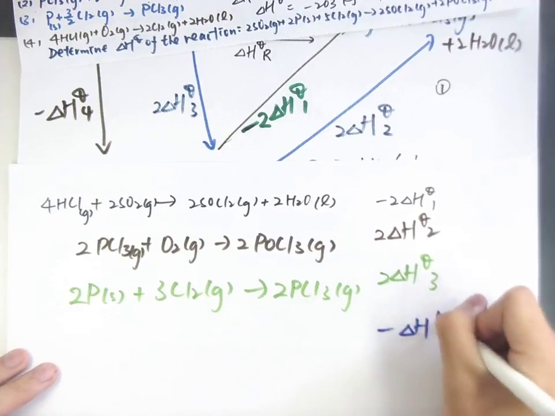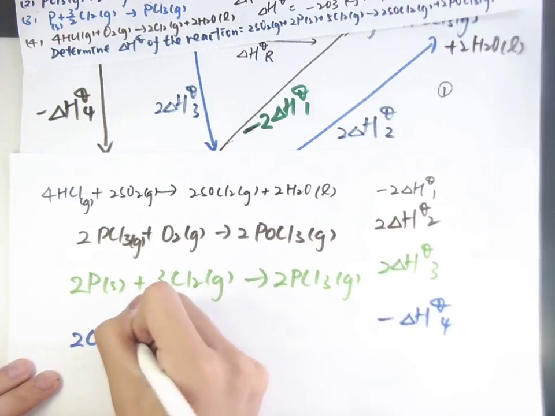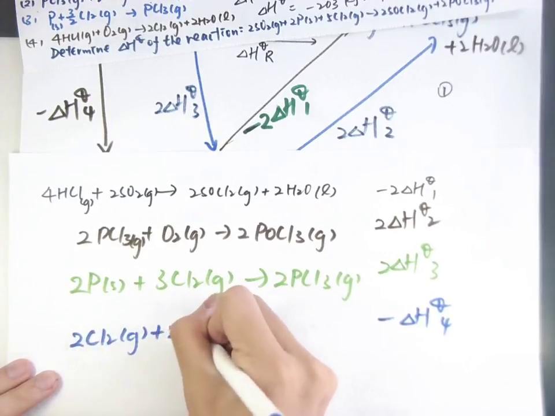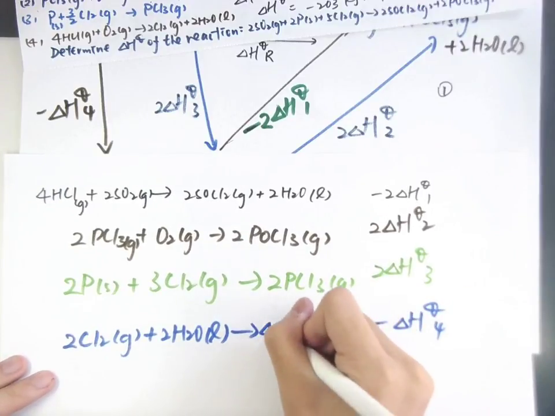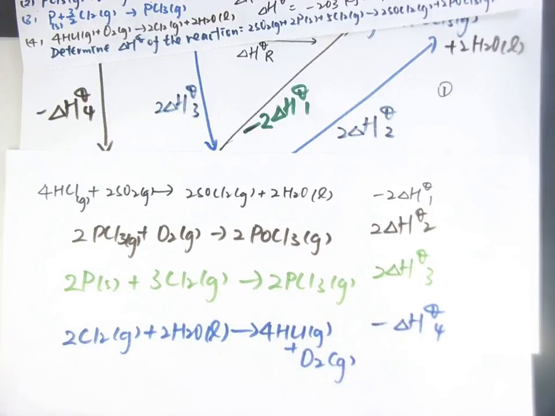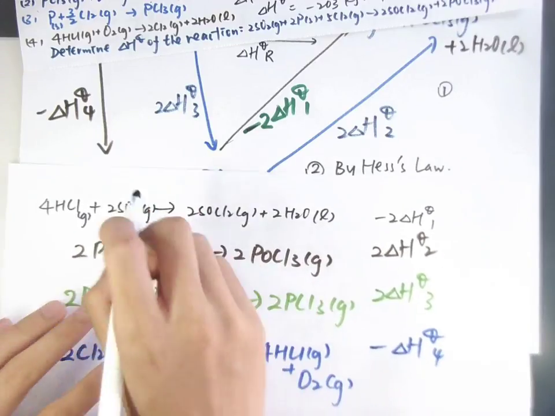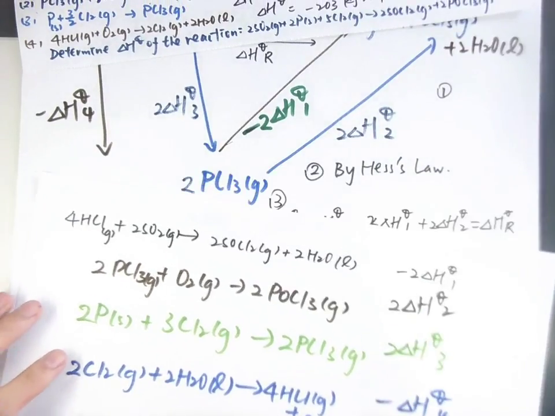So what is negative delta H4? It is 2Cl2 plus 2H2O gives us 4 HCl and O2. Okay, so these 4 symbols actually refer to these 4 equations. Do you understand?